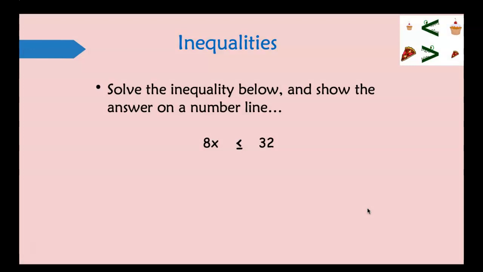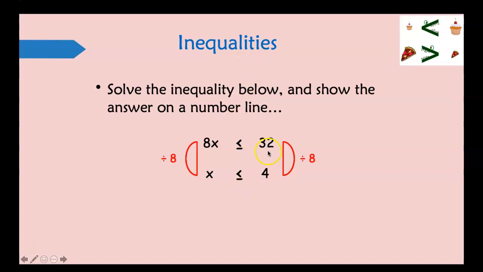Our first example is a one-step equation. Just like what I said, you do the same thing as if this is equal, but instead of writing equal, you will use less than or equal to. 8 times x, we will use the inverse operation, which is divide. So we divide both sides by 8. 8x divided by 8 is x or 1x.